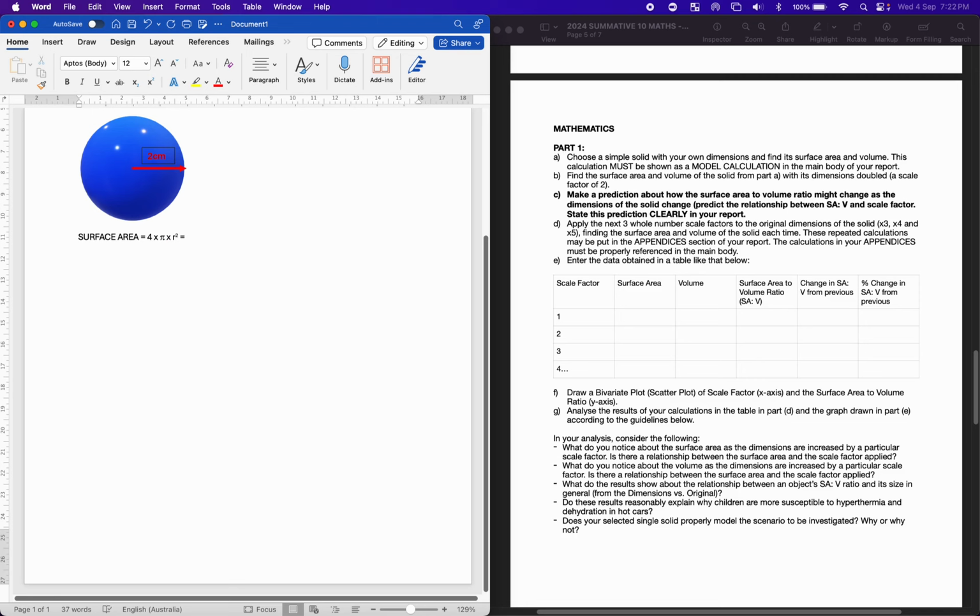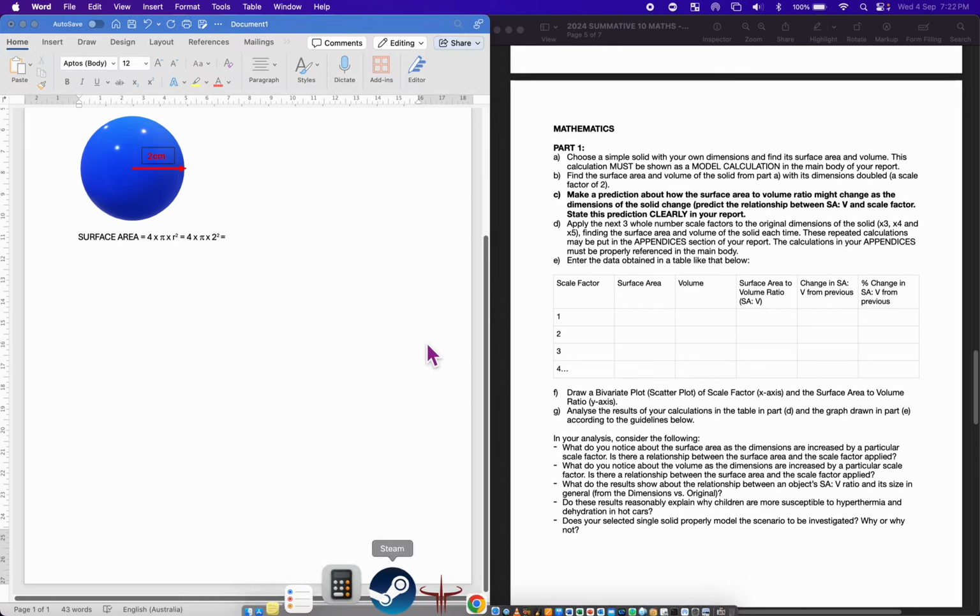So I'm showing the full calculation here. So it's 4 times, Control-C, Control-V, times pi times 2 squared, equals, calculated time.